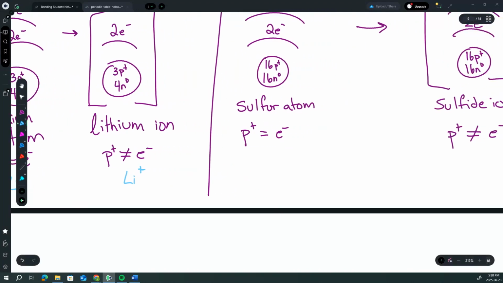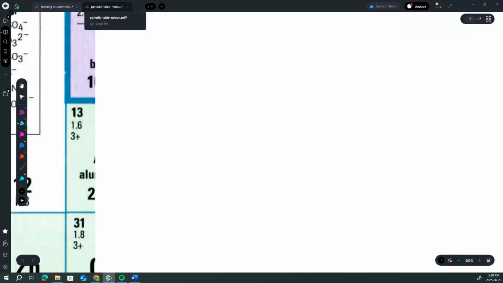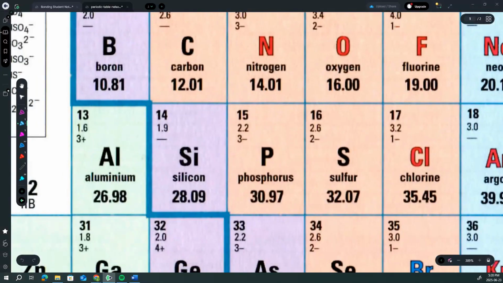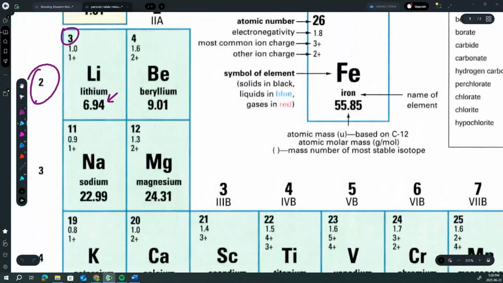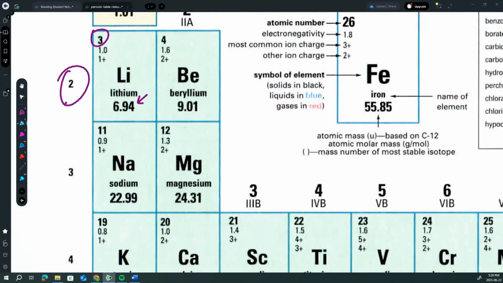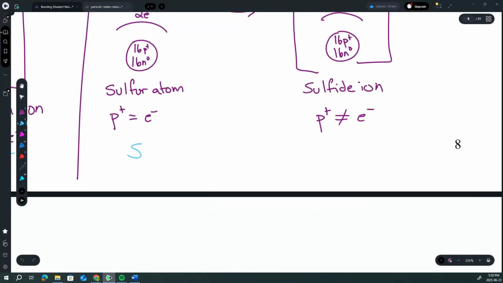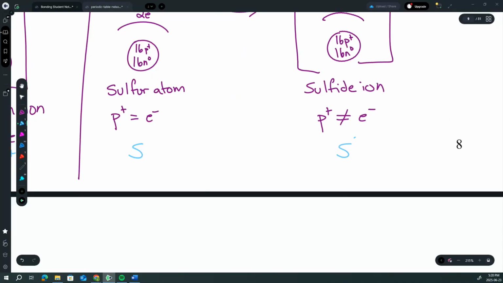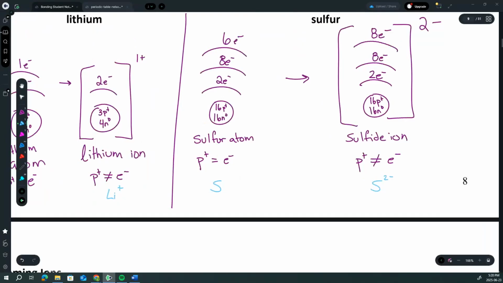For a sulfur atom, that would be just S. So I'm getting these symbols from the periodic table. So sulfur is S, and lithium is Li. And then for the sulfide ion, I'd go S2 minus to represent the charge.